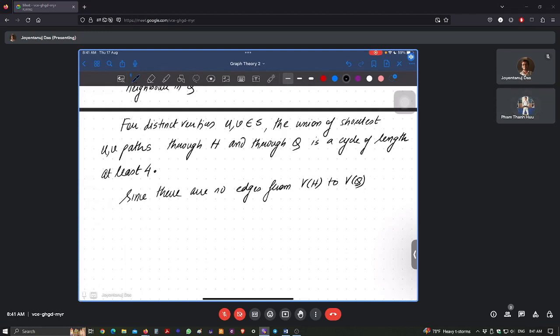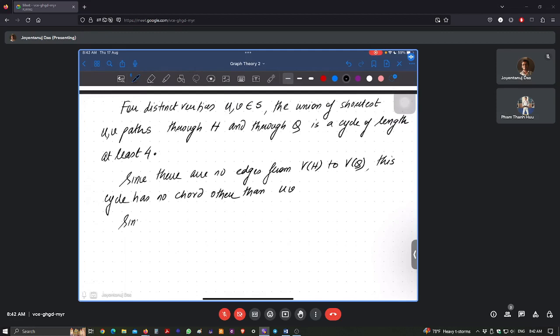So this cycle has no chord other than UV. Since G is chordal, G has no chordless cycle, so U and V have to be adjacent.